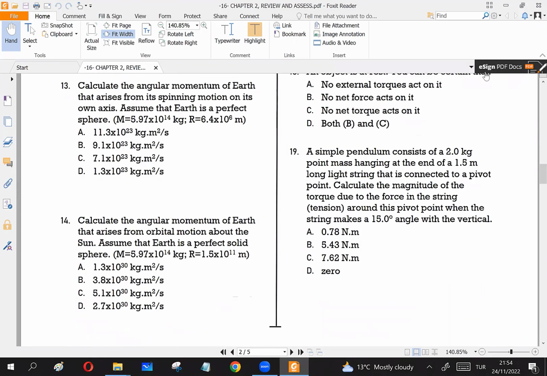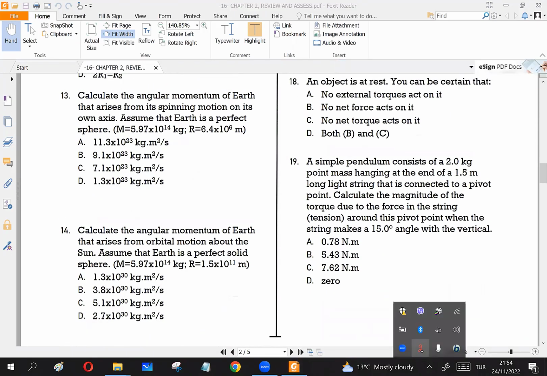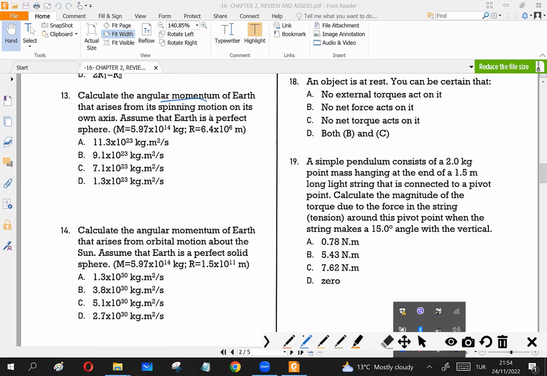Question number 13. It's about angular momentum. Calculate the angular momentum of Earth that arises from its spinning motion on its own axis. Spinning about its own axis, you are going to treat this sphere as an extended object, spinning about a diameter.